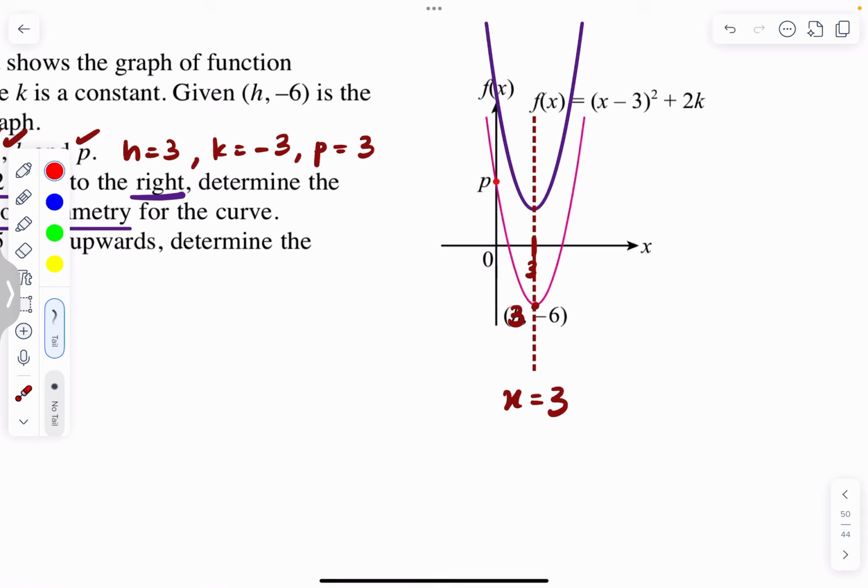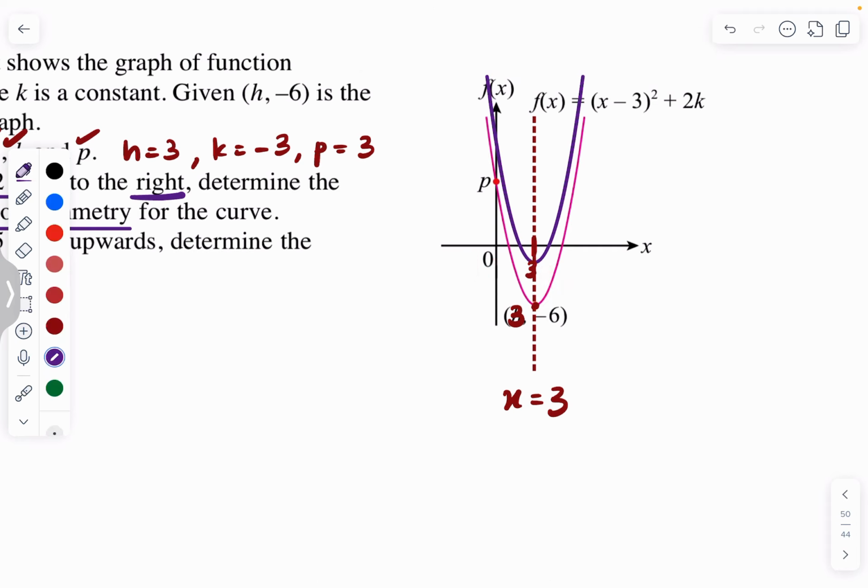So if our minimum point moves by 5 units, it will be at negative 1. So our graph will be somewhere here. This will be our new graph. The x coordinate remains the same, 3. The y coordinate would be negative 1, because negative 6, you move up by 5 units, it will reach negative 1.